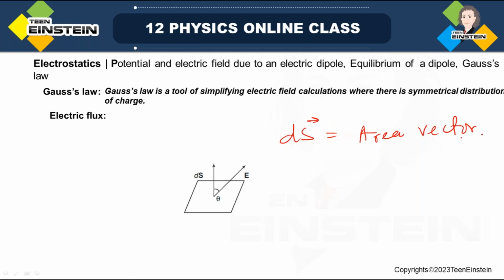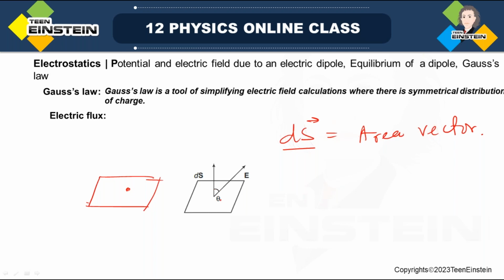So area vector, if my surface is an open surface, will have magnitude, and direction will always be outward normal in case of a closed surface.